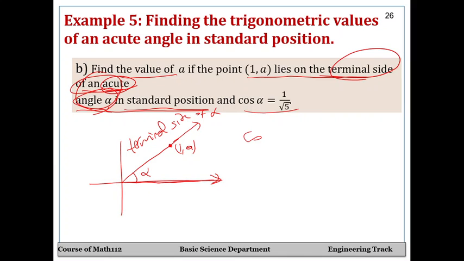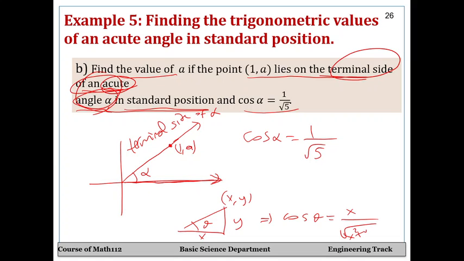And here it says cosine alpha is equal to 1 over square root of 5. You can directly remember this: if it is x, y here, the cosine theta in terms of x and y was x over square root of x squared plus y squared. Now x and y are 1 and a here, so I want to apply the rule with this point. x is 1 here and y is a.